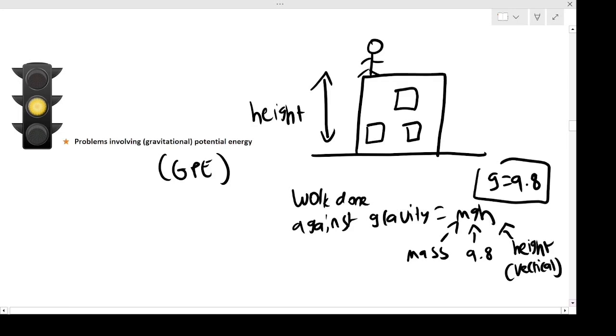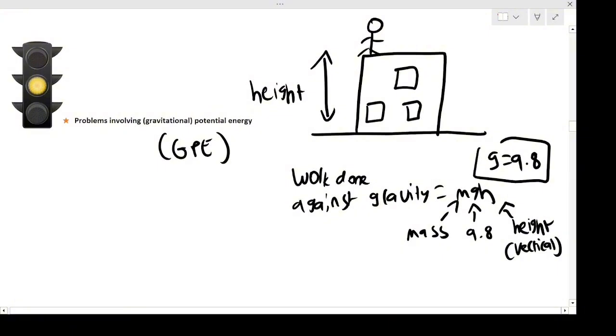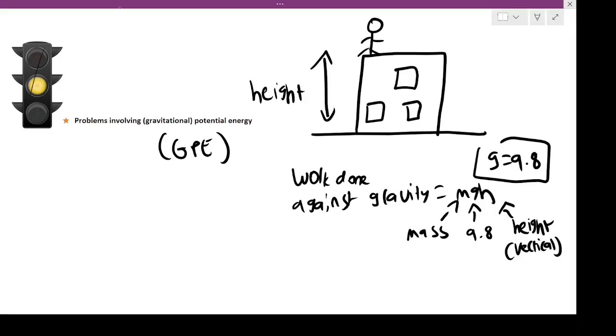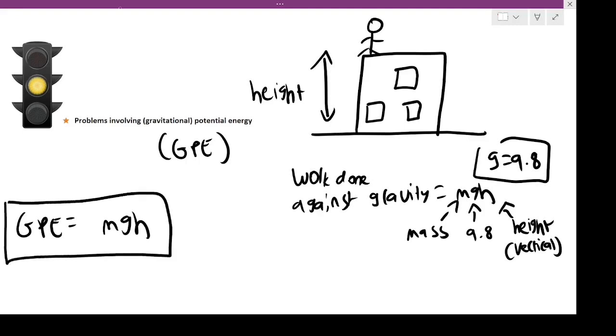You're trying to defy gravity by moving up and up. And so if you are using energy to go up, it's going to be the same energy once you come back down. So it turns out that this gravitational potential energy, GPE, is also mgh.